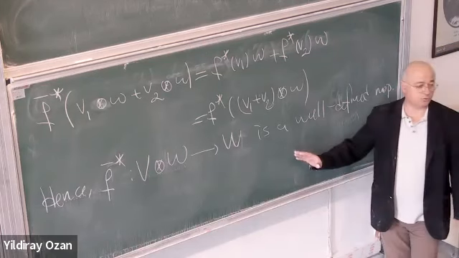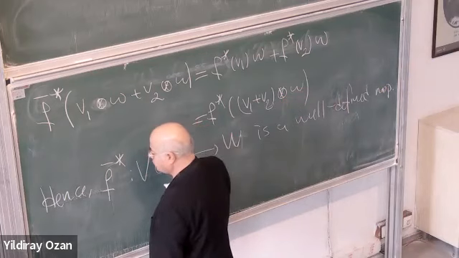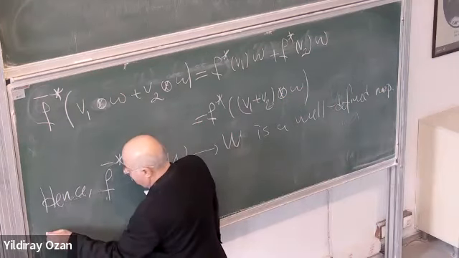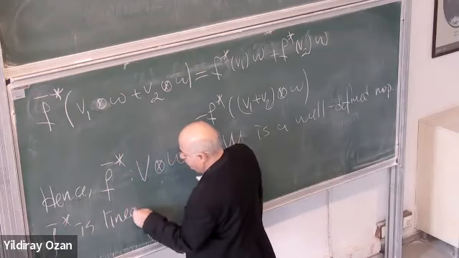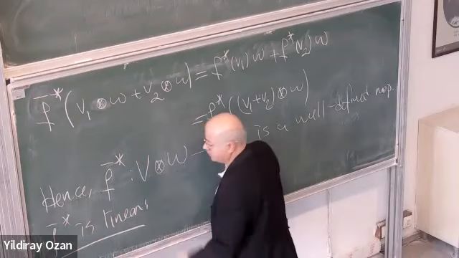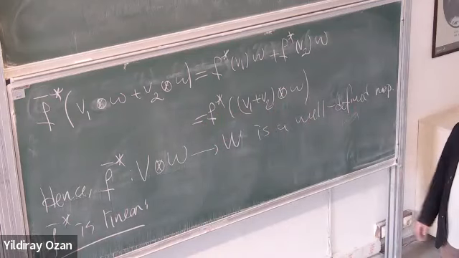We have to still prove that it's a linear map. F bar star is linear, let's prove it. How can we show that it is linear?